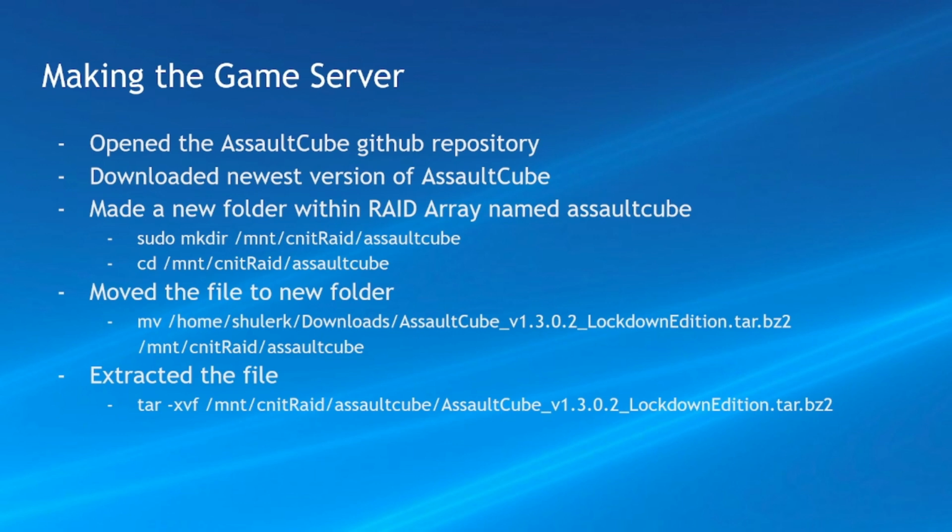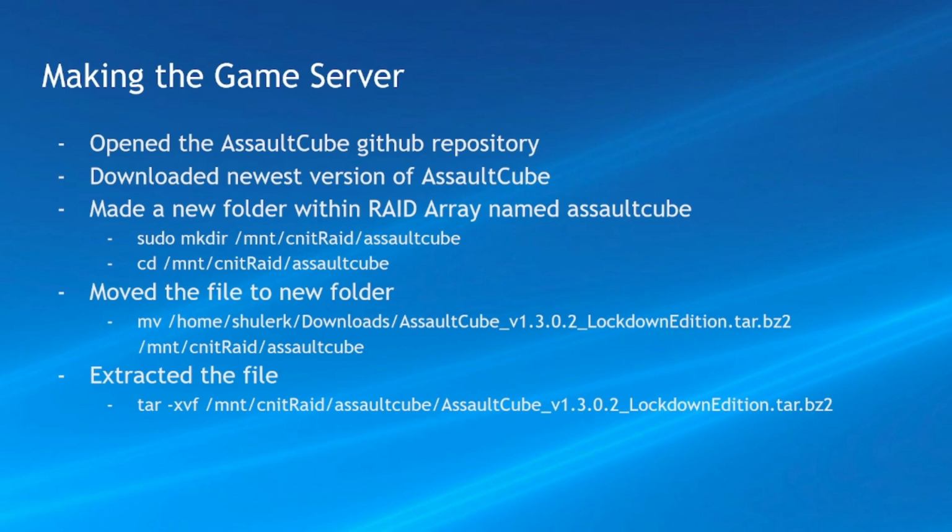I also made a new folder within my RAID array system called AssaultCube by making a directory within my cnit-raid. And then I proceeded to go to that folder and then move my Assault Cube file from there to my new cnit-raid AssaultCube file location.